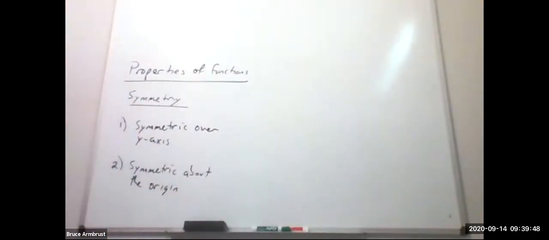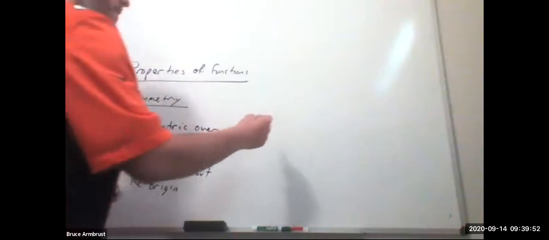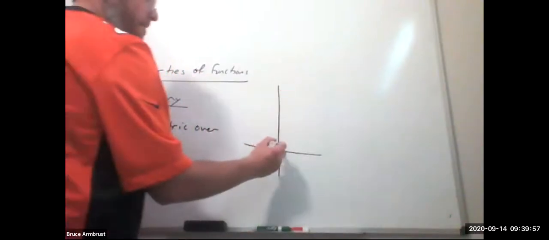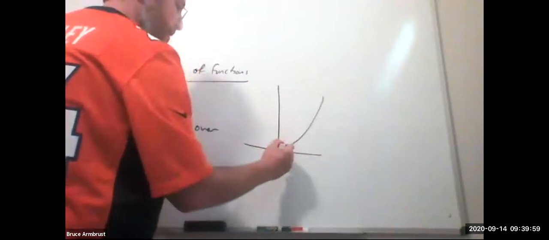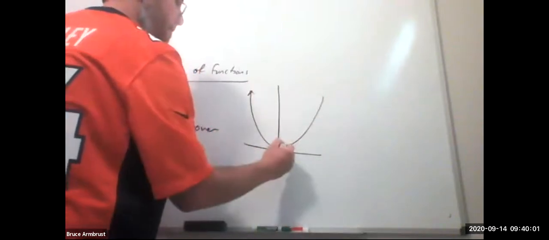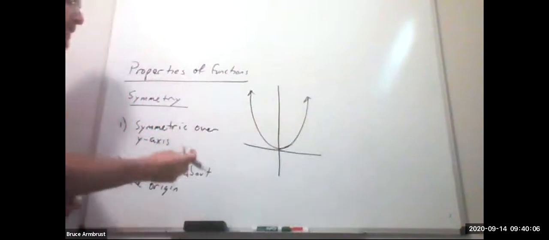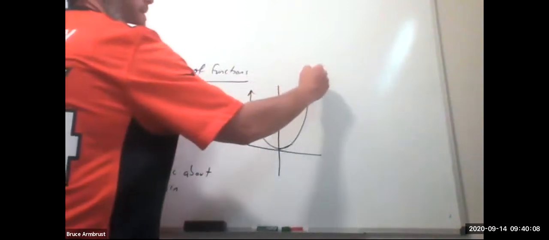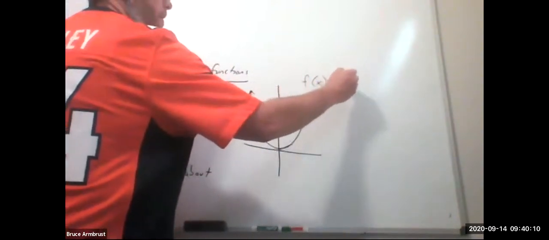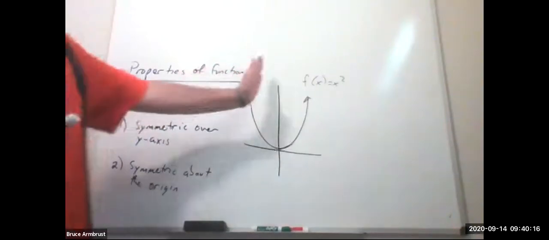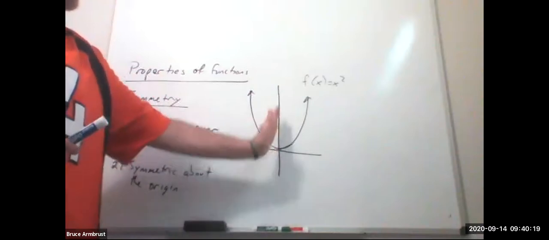All right, so let's first talk about the one that's symmetric over the y-axis. So a great example of that, one that you all know and love probably, is good old f of x equals x squared. See if I can actually make it look symmetric. So this is a function that has the first kind of symmetry. Again, imagine that the y-axis was a mirror.